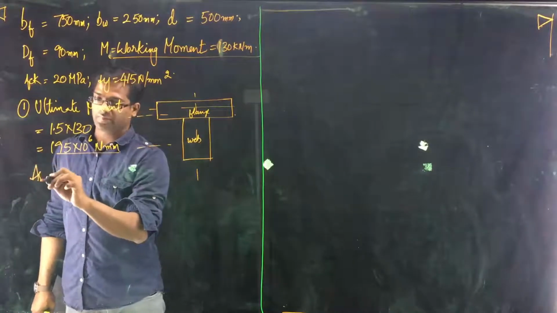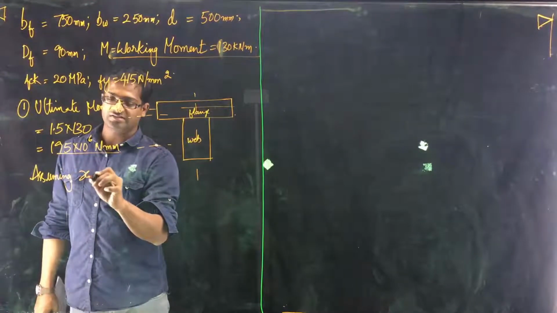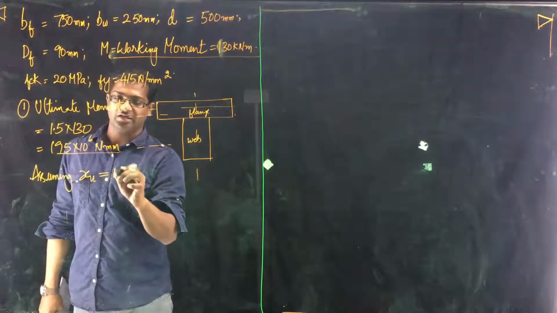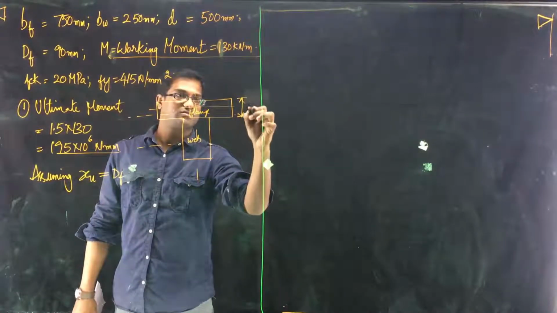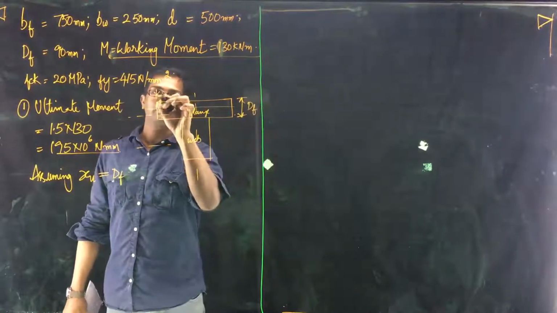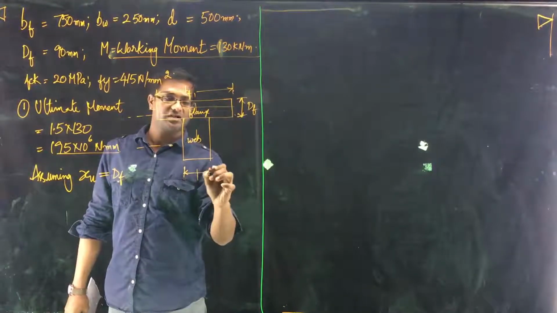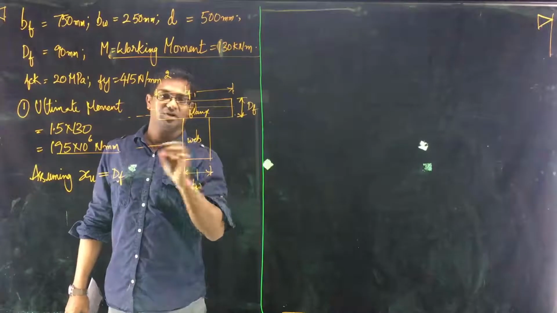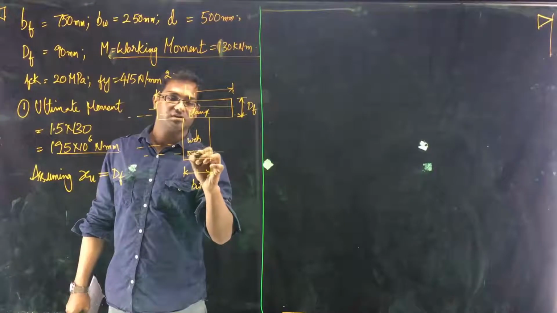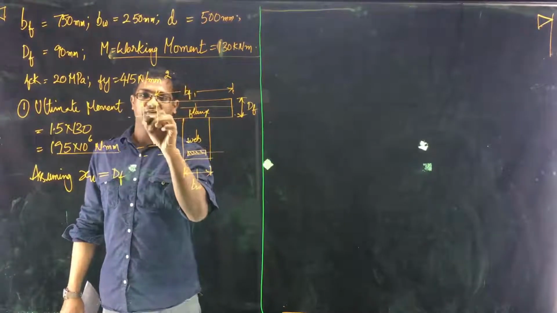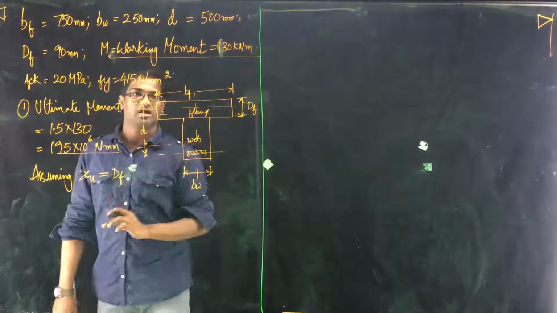So assuming neutral axis depth exactly equal to depth of flange, so this is DF, this is BF, this is breadth of web, and if you have steel here, the center of steel from here to here is given as small d, right?